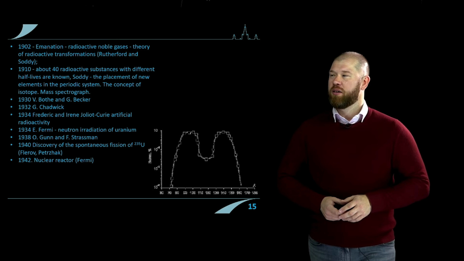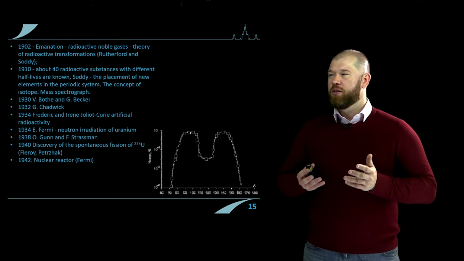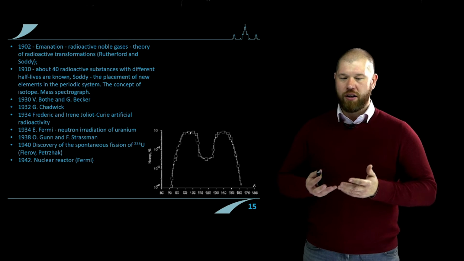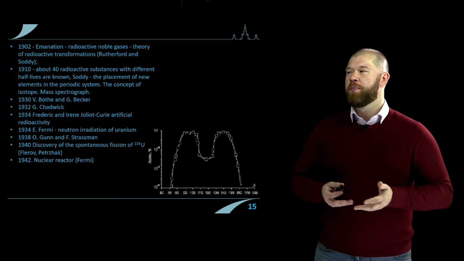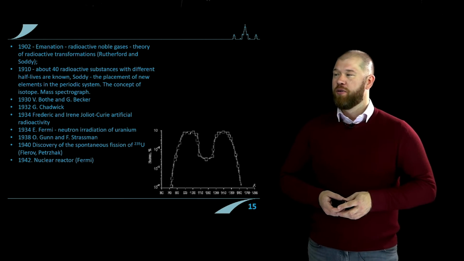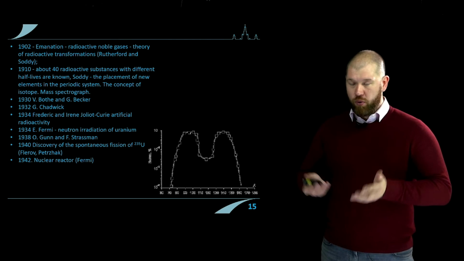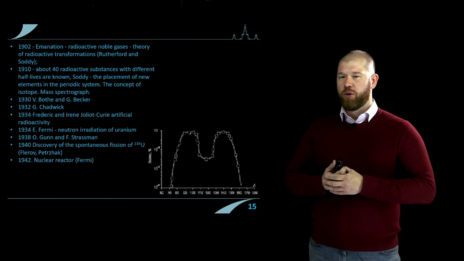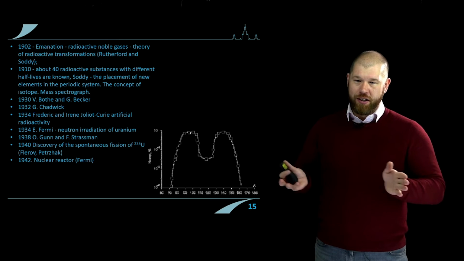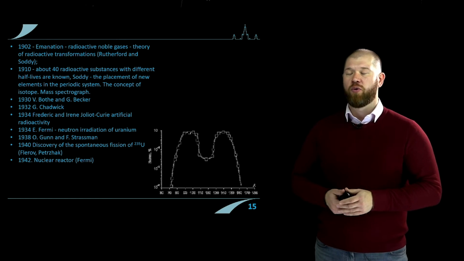Then, in the same year, Fermi observed the energy released by irradiation of uranium by neutrons. And later, in 1938, Otto Hahn and Strassmann proved that the observed energy release is associated with the splitting of the uranium nucleus, the fission of uranium.